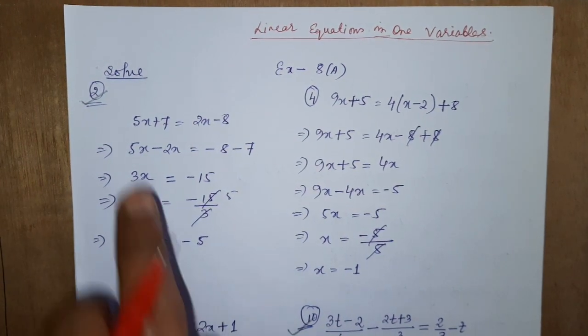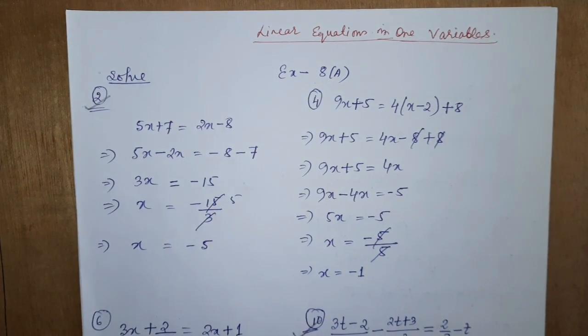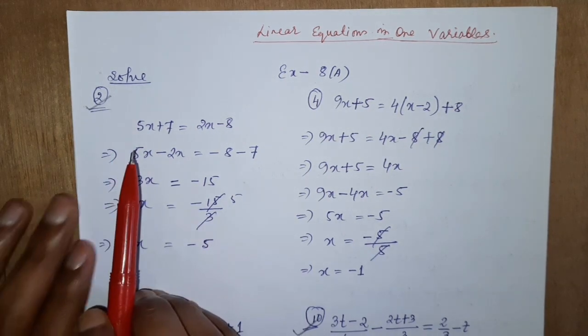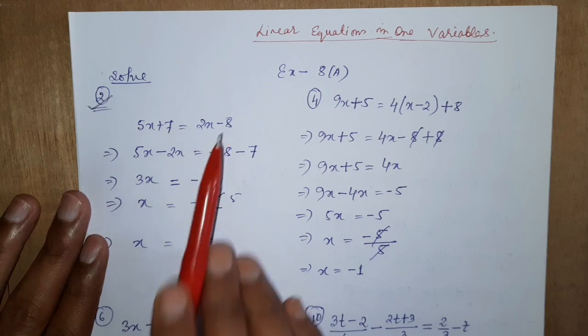Here the question is solve. I'll show you a few problems, the rest you can compare with the same type. See number 2, solve. Here it is 5x plus 7 equal to 2x minus 8.